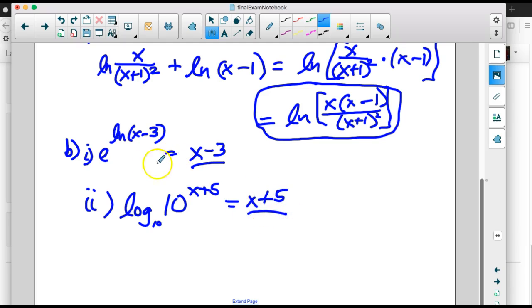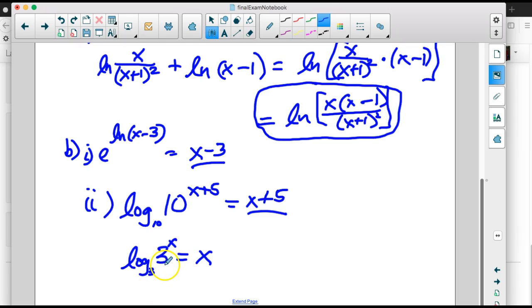So anytime you see the inverses next to each other in logarithms, for example, if you had log base 3 of 3 to the x, then that's just going to be what's up here, the x value. So inverses, e and ln are inverses, log and log base 10 are inverses.